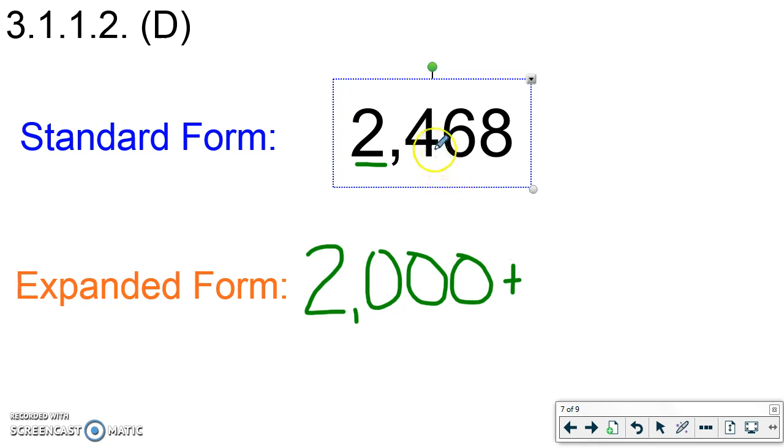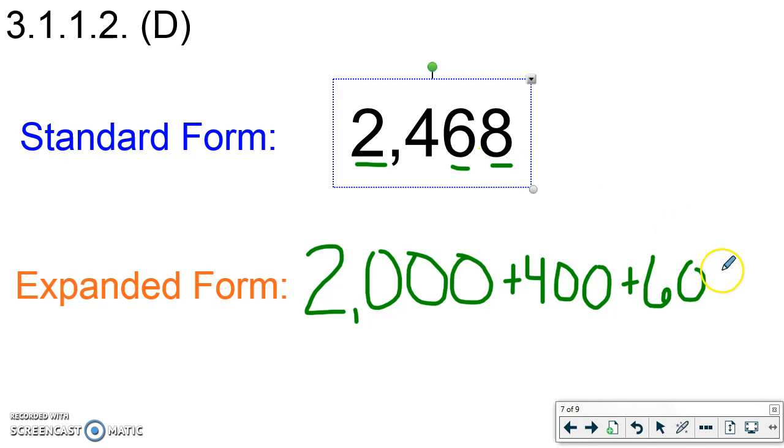Plus, in the hundreds place is a 4. 400. Plus in the tens place is a 6 with one digit after it, so it's going to be 60. And finally, my last digit in the ones place of 8. 2,000 plus 400 plus 60 plus 8.